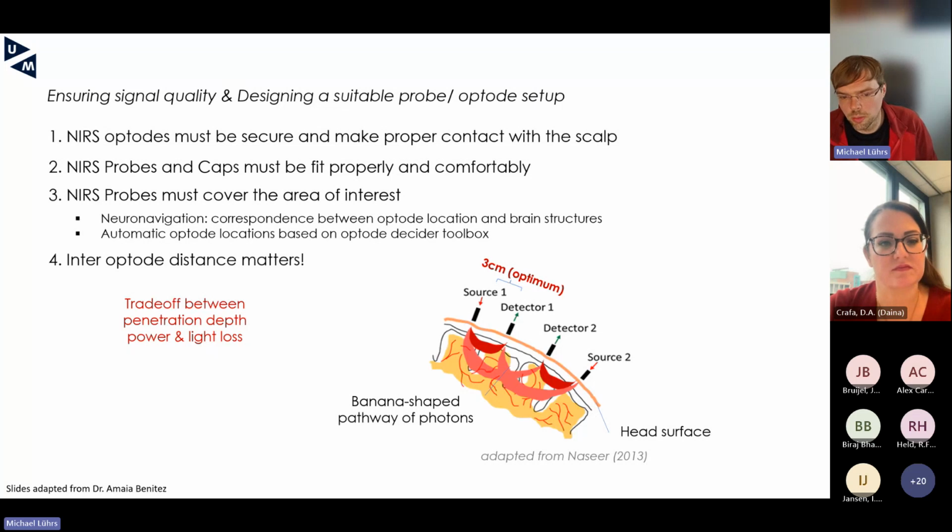So this is really also an important aspect, that if you design your channels and you're really at the limit of the distance, so that you see, okay, I'm getting in 5 out of 10 participants problems with my signal quality just because I'm reaching this 4 centimeter mark or 3.5, then you should consider to make it a bit smaller, like the 3 centimeter optimum, to really get in 9 out of 10 or 8 out of 10 participants a good signal.